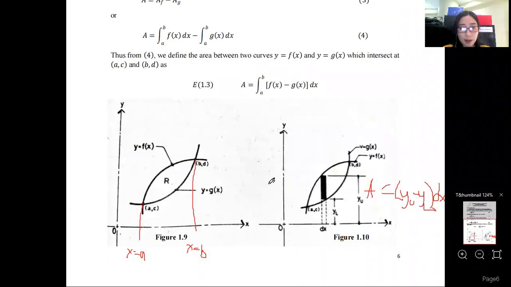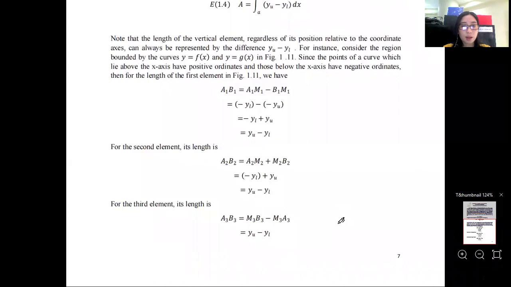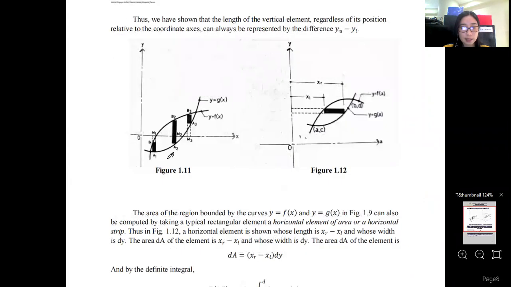Makita naman jud nga ang atong equation y sub u minus y sub l mao ang atong value sa y, tapos delta x dayon. Okay, so gi-prove lang nga uniform siya or magamit siya bisag asa nga strip.